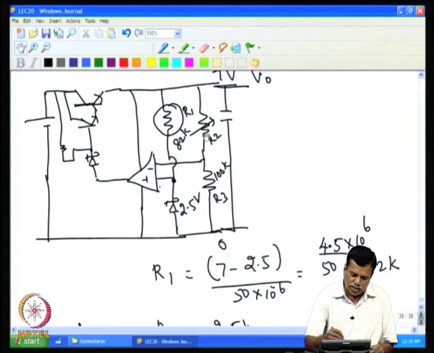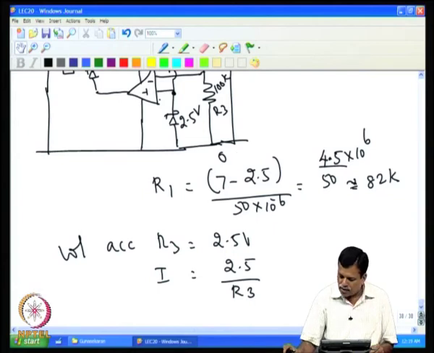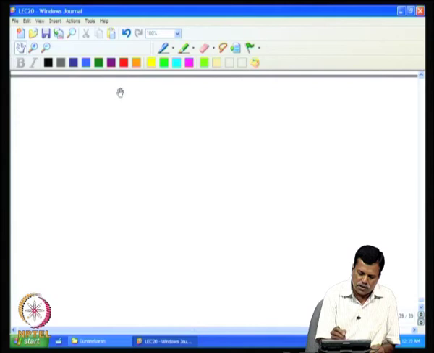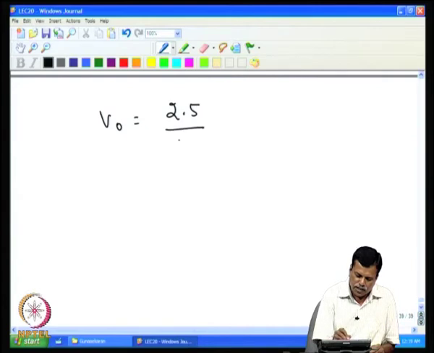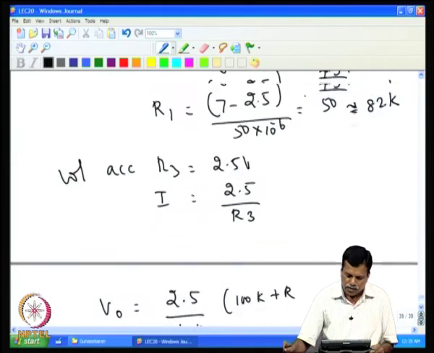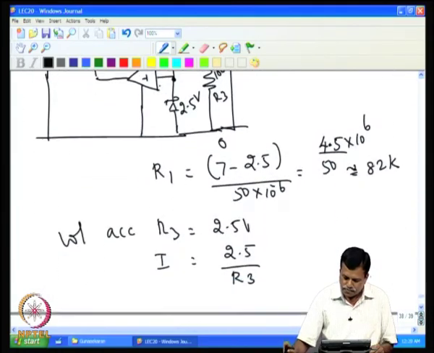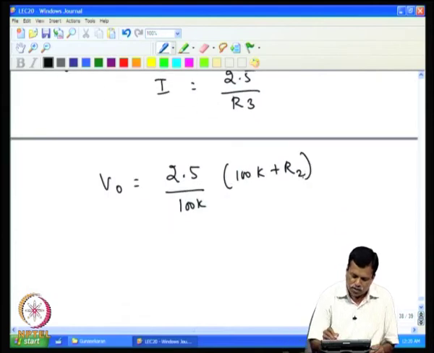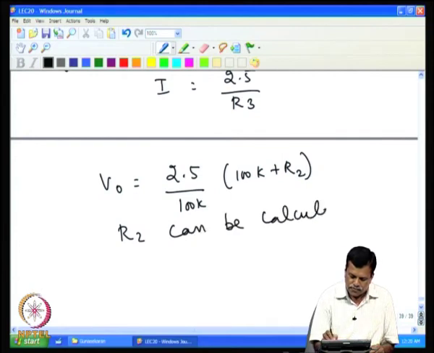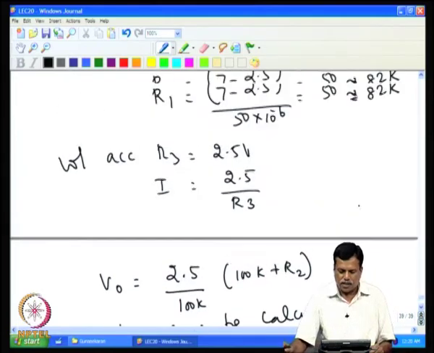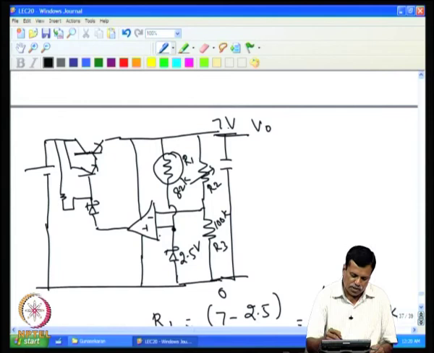So, the voltage across this is I into R2 plus this voltage. Essentially, the output voltage V0 is given by 2.5 by 100k into (100k plus R2). So, R2 can be calculated.